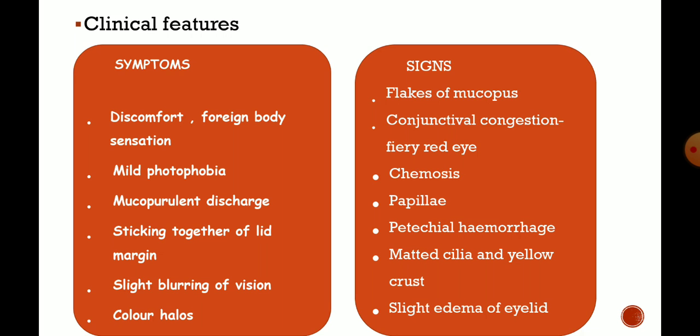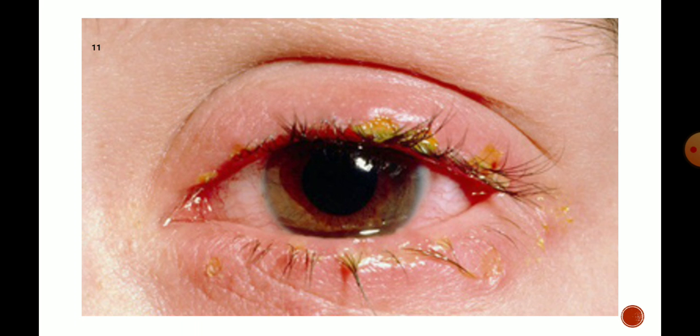And the signs, when we look, we can see chemosis, conjunctival congestion. Then there will be matted lashes, yellow crust, eyelid edema, flakes of pus, mucopus, papillae can be there, petechial hemorrhage can be there.